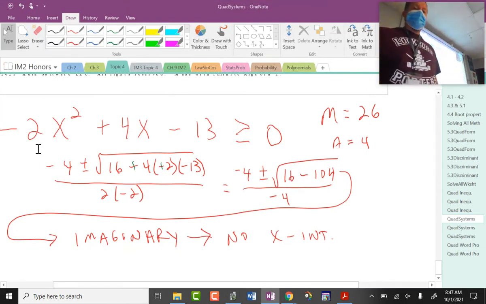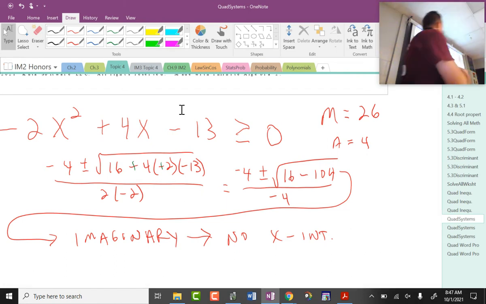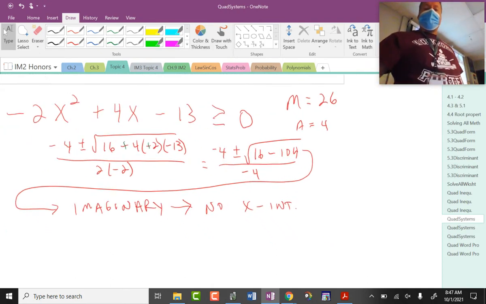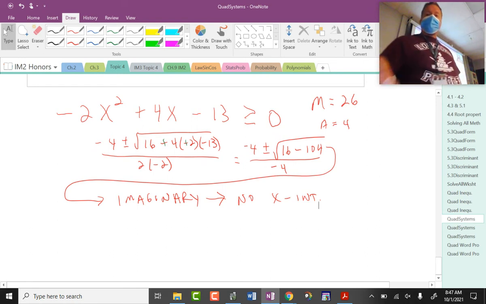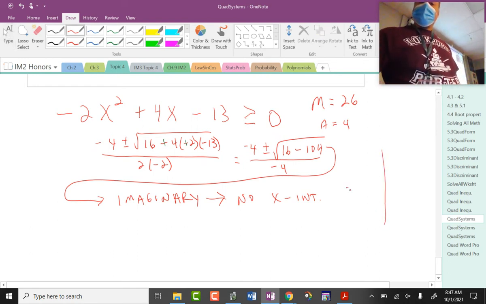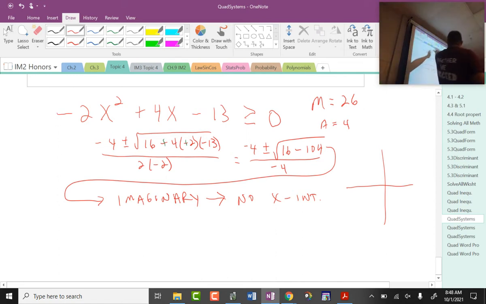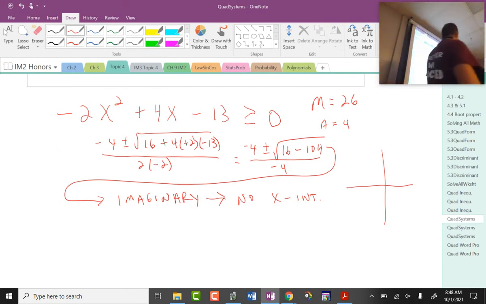Which direction does this parabola go if I were to graph it? Up or down? Down. What's the y-intercept? All right, this will help me understand how to answer this inequality. What's the y-intercept? So you plug in 0 for x. Gone. What's the y-intercept? I just kind of showed you. 0, comma, negative 13.